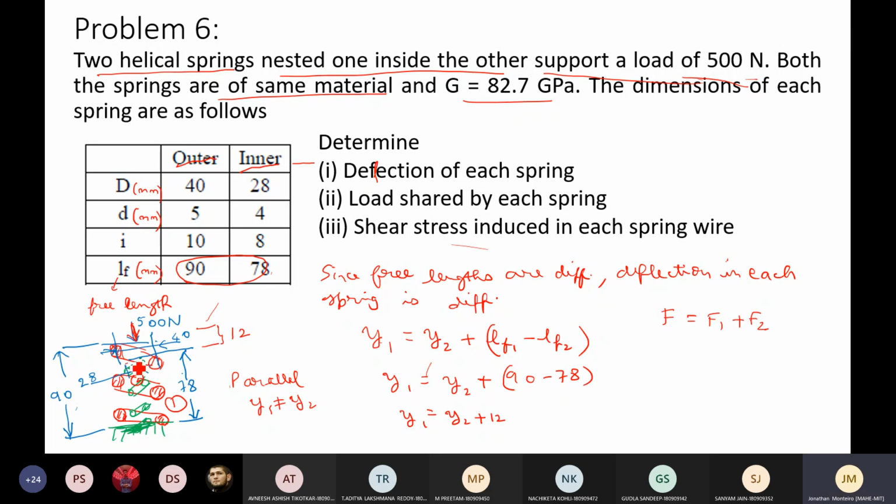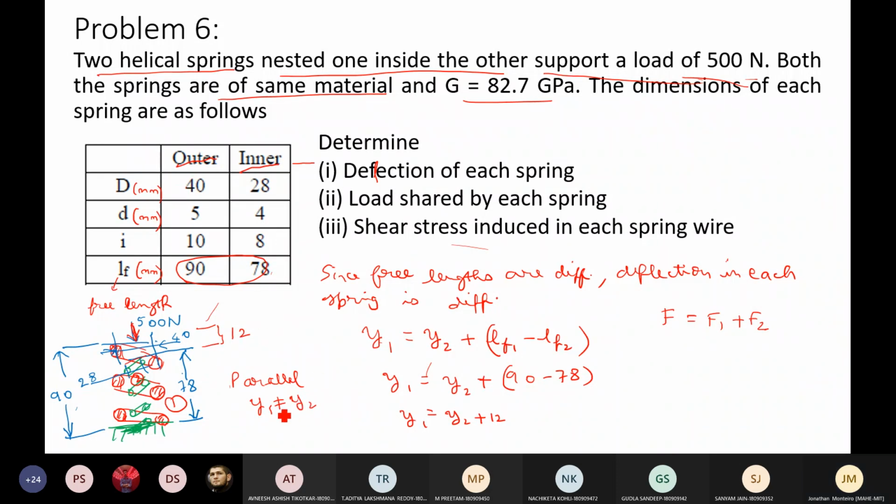Once it touches the inner spring, the load begins to be shared between the inner and the outer spring. Until that time, it is just a simple case of one spring with the outer spring dimensions.